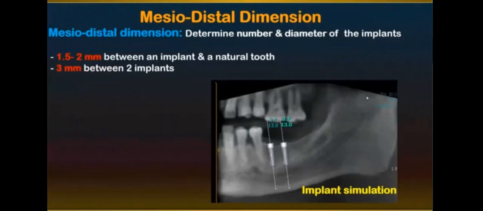So in the imaging software or the implant planning software, there is a maneuver called implant simulation. With this implant simulation you can place imaginary implants, and we can see the distance between them. Is it possible to implant here or no?